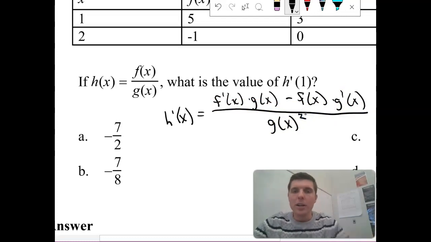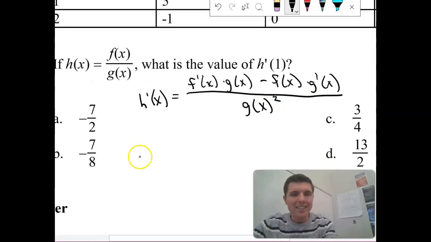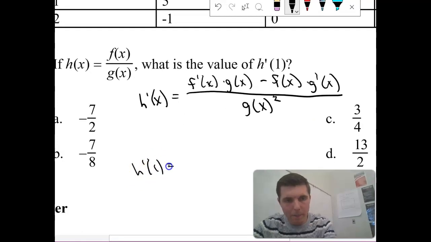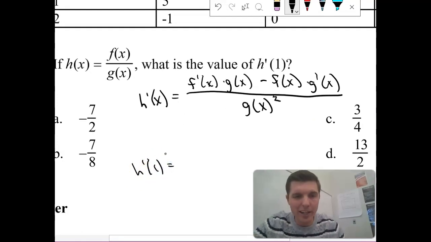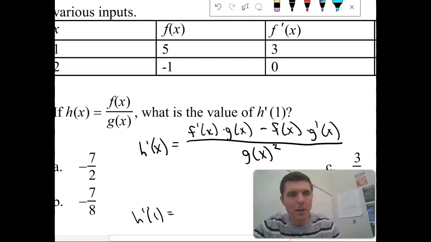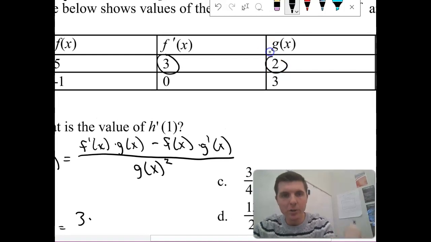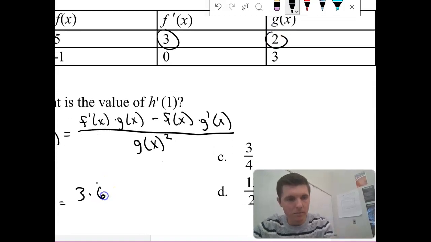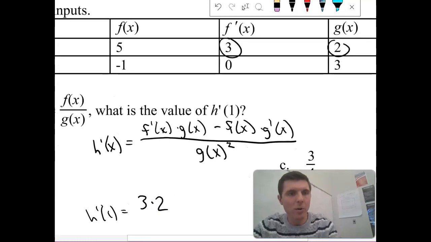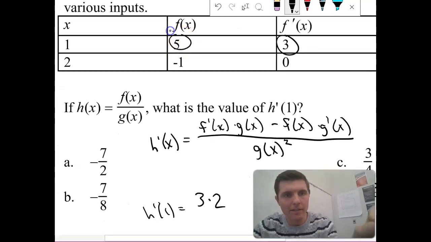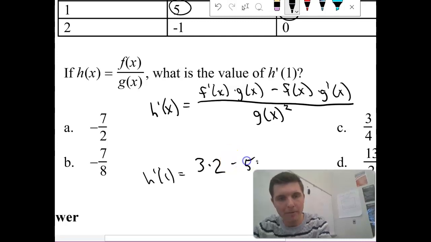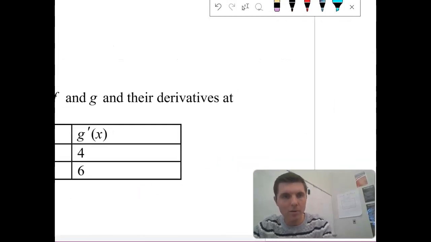And now plug in 1 everywhere you see it. So h prime of 1 is, I'm going to take a little shortcut here. I'm just going to plug in f prime of 1, 3. So 3 times, what's g of 1? 2. Oh, I wrote the answer there, not the 2. Minus f of 1 is 5. Cool. Minus 5 times, what's g prime of 1?